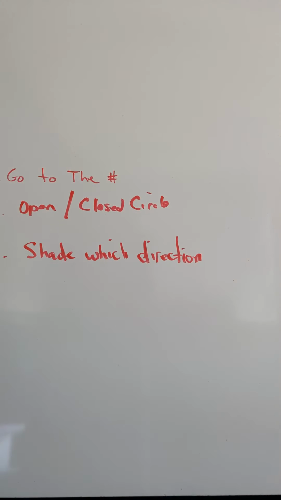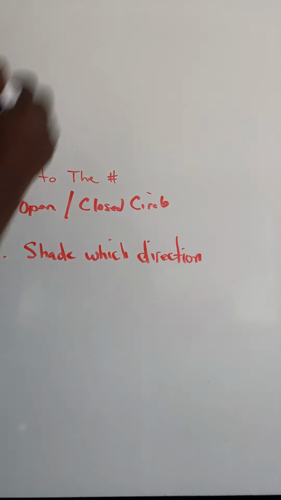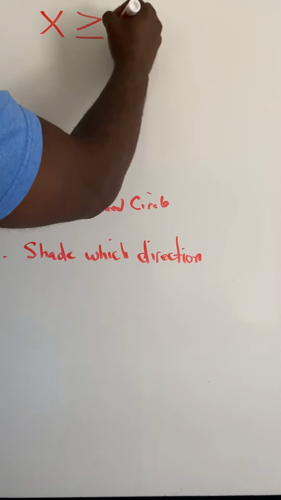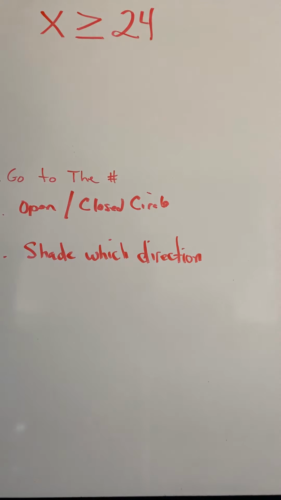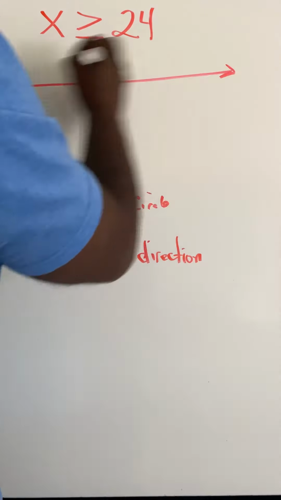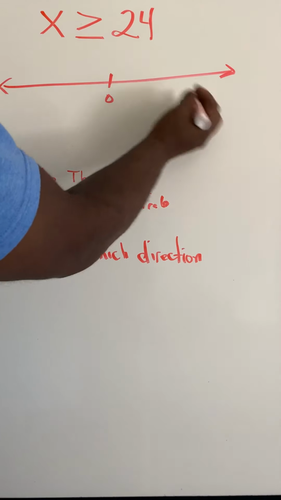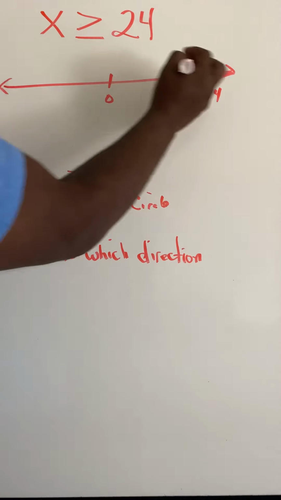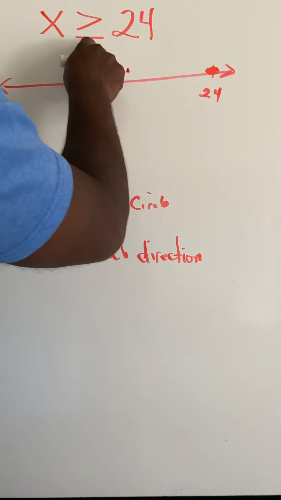Two more you guys did for this section. So we had x greater than or equal to 24. Kobe Bryant, shout out. Anytime I see the number 24, you're going to hear the Kobe Bryant shout out because that's the guy right there. Here we go. Step 1, go to the number. Where's the number? Here's 24. Open or closed circle? That's a closed circle because I see the equal sign there.